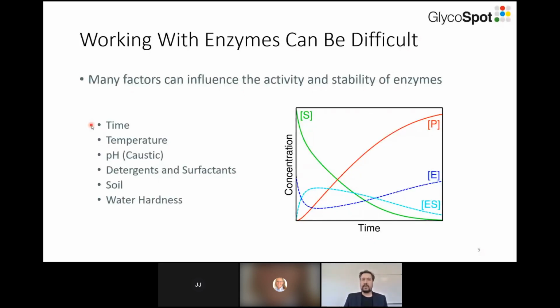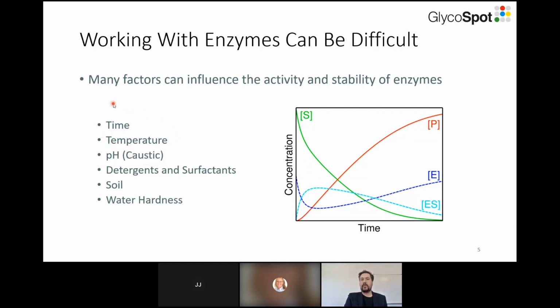As has been mentioned several times, the enzyme activity will decrease over time, especially in the case of elevated temperatures or extreme chemical situations, like, for example, caustics or detergents.